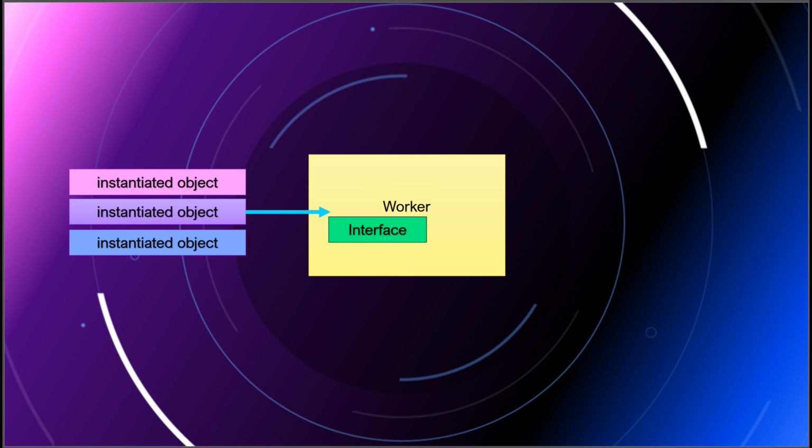90% of the developers in the world, when you talk about dependency injection, this is exactly what they think about. They think that you have one or more objects, and this even happens with a single object, and they will create an interface, which is a contract, to a method in the worker class. Then when you send in that instantiated object, it just gets run as the instantiated object.